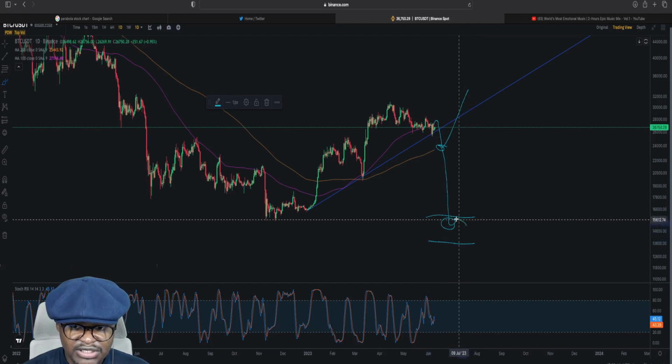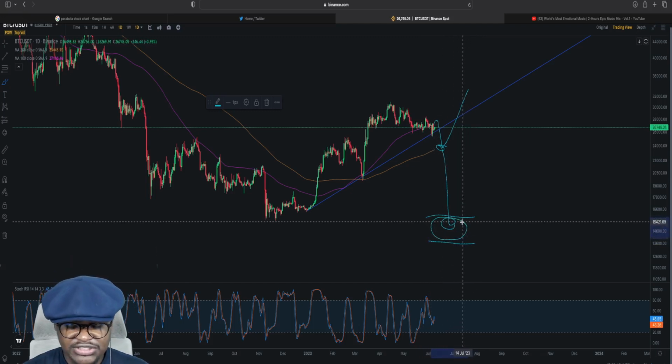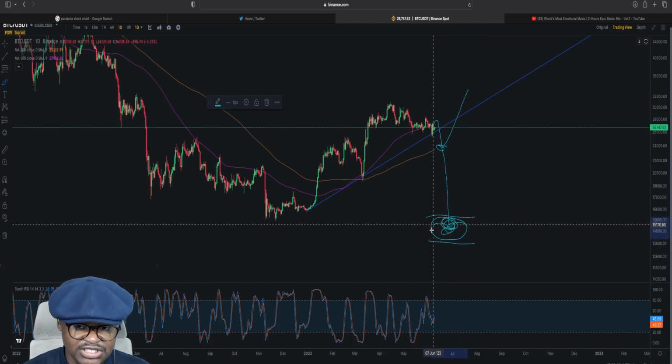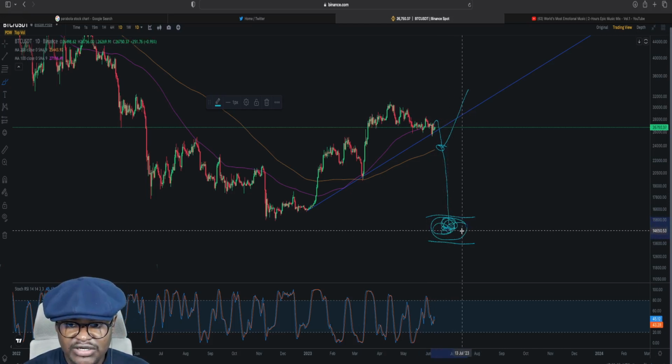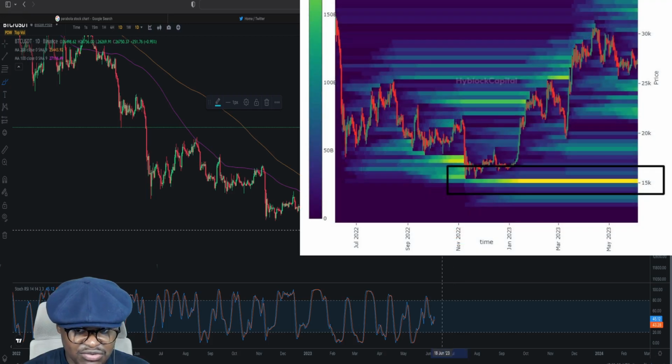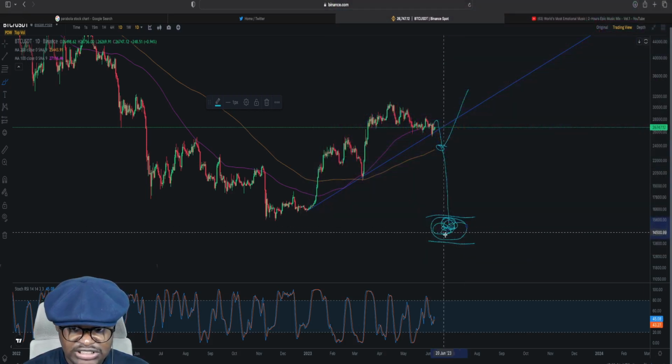In between this zone, Fibonacci is basically trying to tell us that there's a pocket of liquidity here. And I did show in that video that there is some liquidation waiting to happen at this zone right here, inside of this pocket.